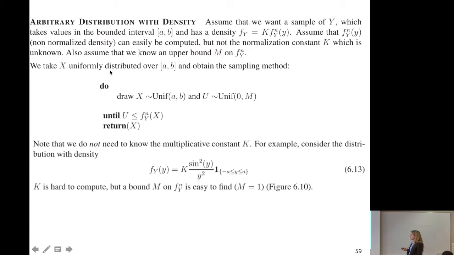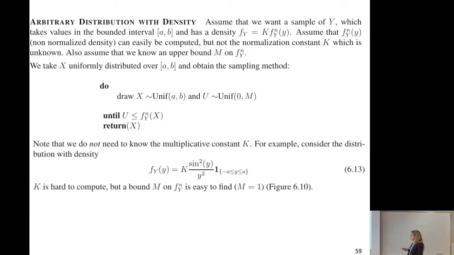Therefore, we choose x always uniformly distributed over a comma b. So from the uniform distribution between a and b, and then we choose u from the uniform distribution between 0 and m. Okay, where m is the bound on fyn. Then we return x, and this is our sample, if u is less or equal than fyn evaluated at x, where x is a sample.